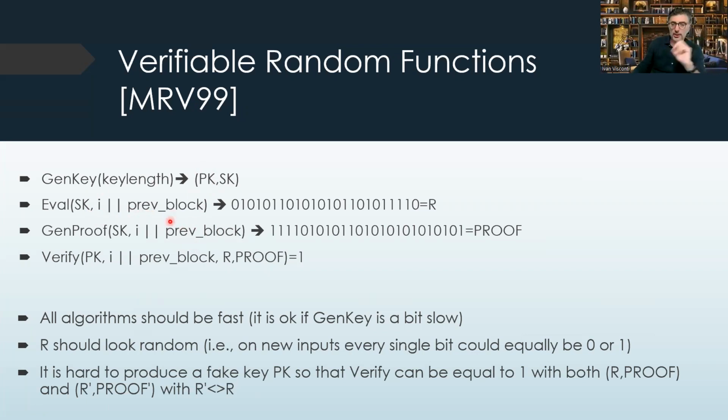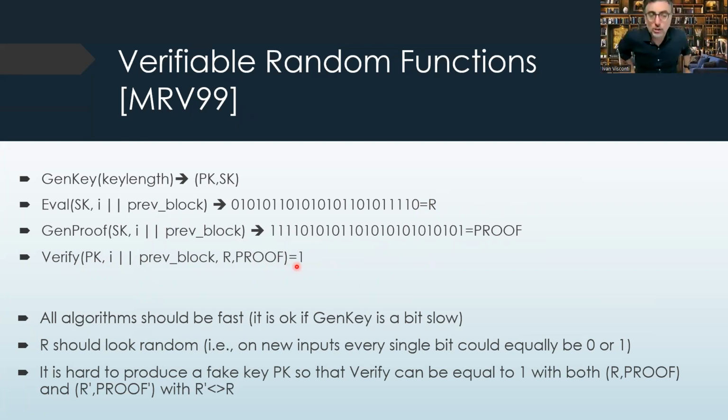This specific lottery, because there are many, every block has a lottery, right? Everyone can check that the procedure verify, taking as input the announced output R and the proof, the auxiliary output, accepts. This is the verification that others will do to actually confirm that I won the lottery.